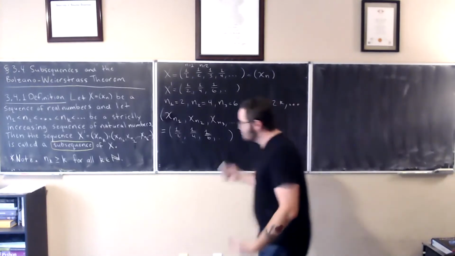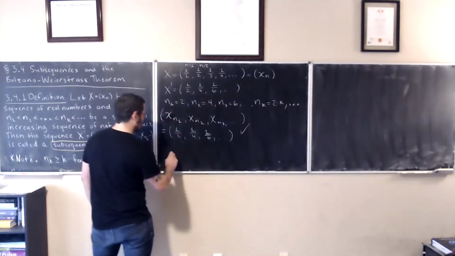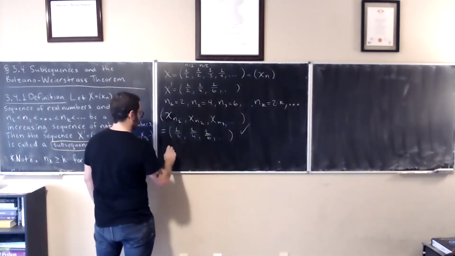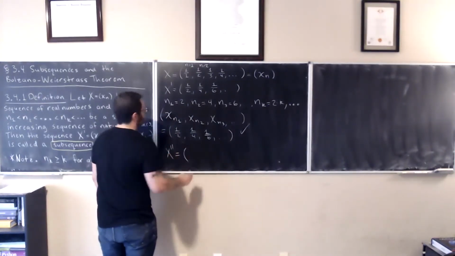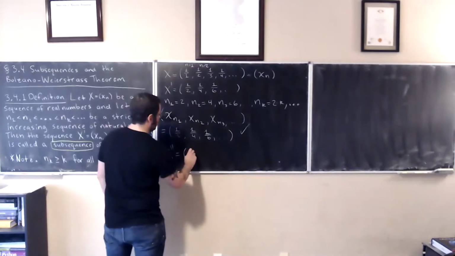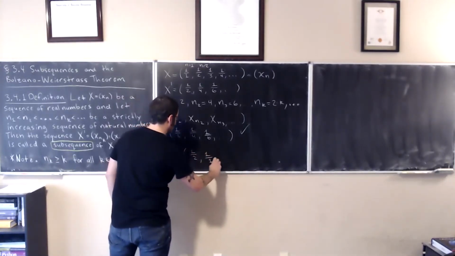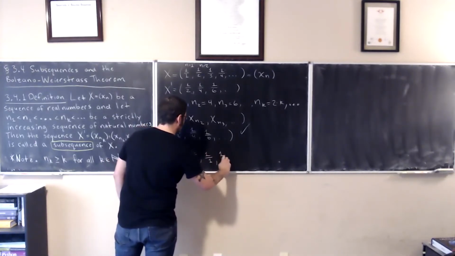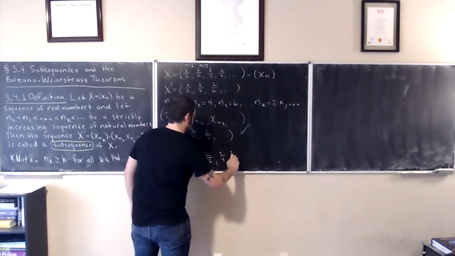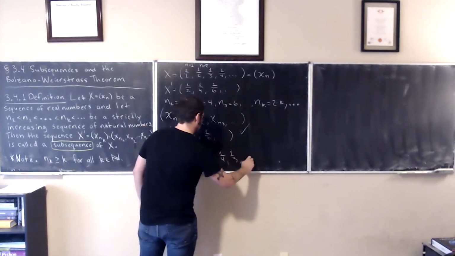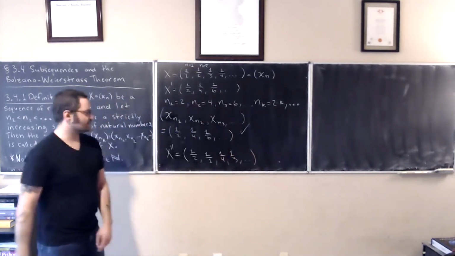Something that would not be a subsequence would be like, say, this one. So why would that not be a subsequence?